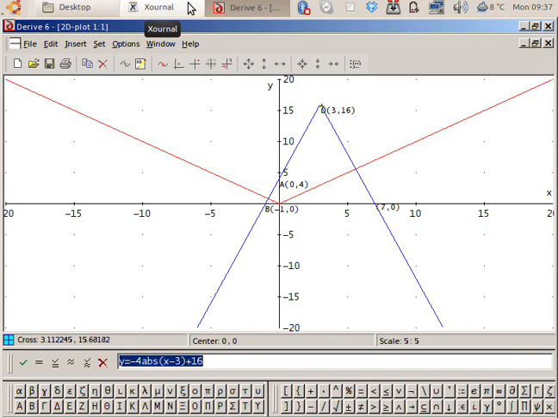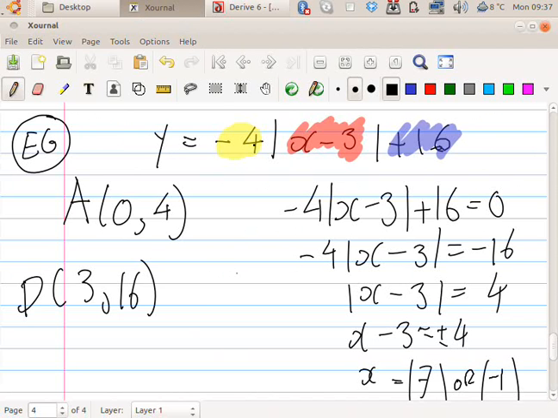And then also, this is usually the second half of the question. The first half of the question would be, describe this transformation. So again, both things are not too difficult. You would say, translate to the right 3 units, expand on the y-axis by a factor of 4, reflect through the x-axis, and then translate up the y-axis 16 units.